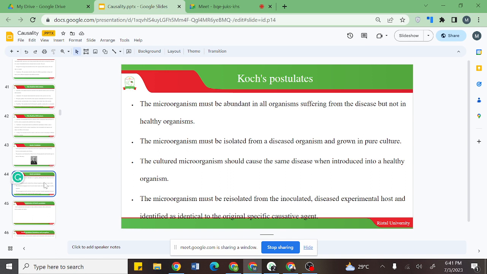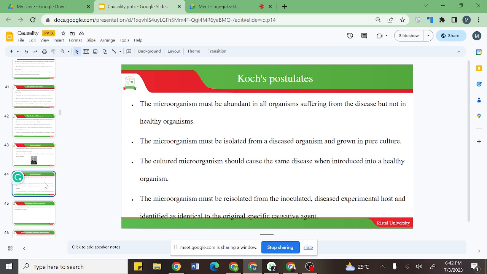This is to say that if you say that Mycobacterium tuberculosis causes TB, it means that people who have TB should be having Mycobacterium tuberculosis, and people who don't have TB should not be having Mycobacterium tuberculosis. So that is one thing.